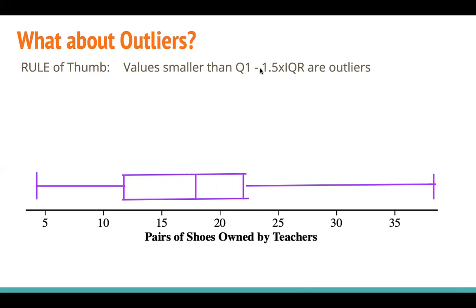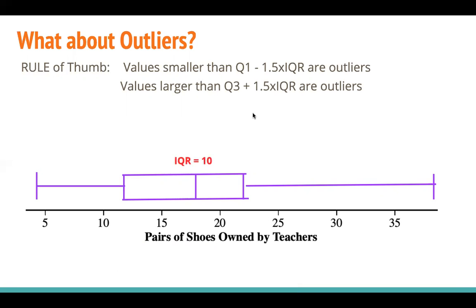So I do Q1 minus 1.5 times IQR. Then I go from the top of the box and go 1.5 times away from this middle, because I basically want to know how far away from the middle they are, and if they're more than 1.5 times. Somebody a long time ago decided that 1.5 times the IQR was a good amount, and that's what stuck, so that's what we do.